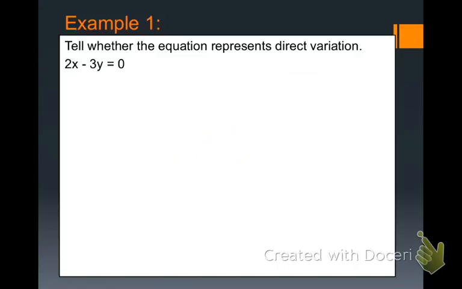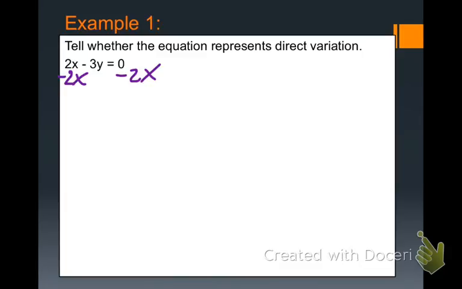One thing you have to be able to do is recognize whether an equation represents direct variation or not. Looking at this example, because x and y are on the same side of the equal sign, we can't really tell until we solve for y. Going back to our literal equations, we want to get y by itself. First we need to move that 2x over. It is a positive 2x, so I need to do minus 2x from both sides.